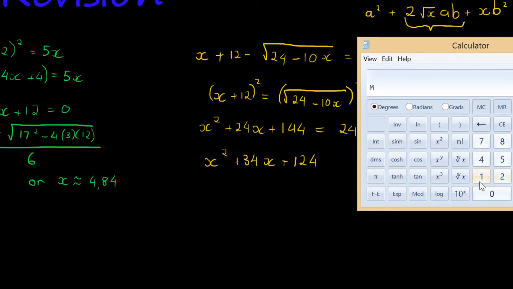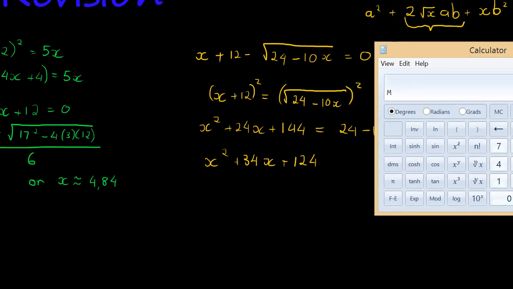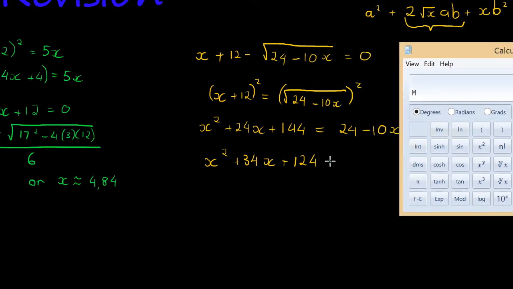Well, how about 31 times 4 gives me 34? So 31 times 4 will work, but 31 plus 4 is not equal to 34.